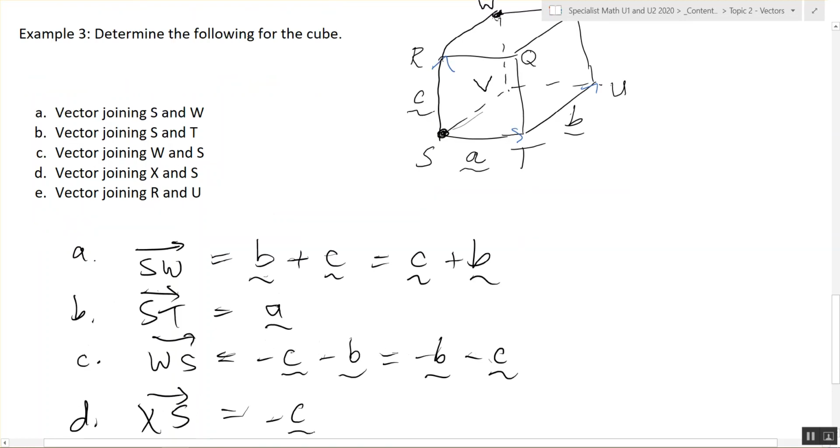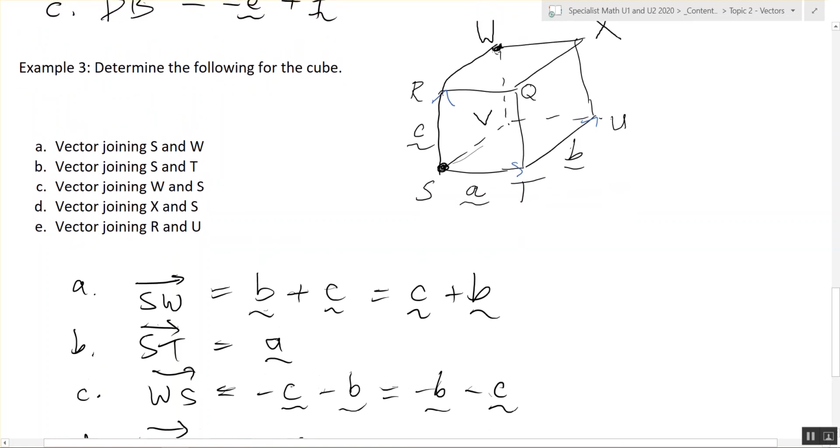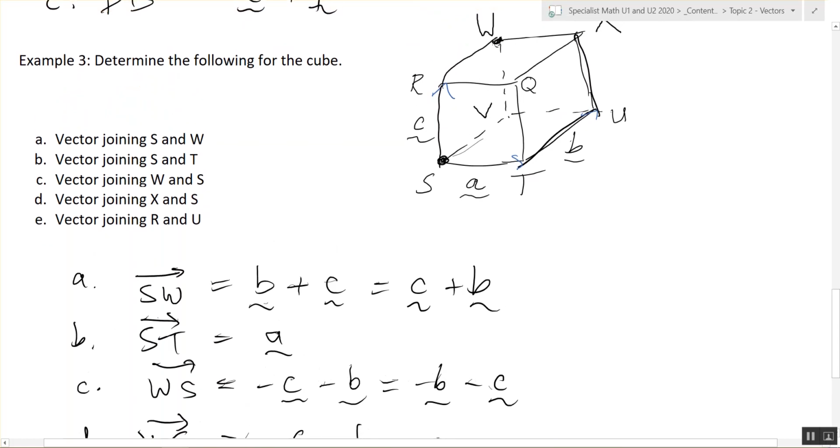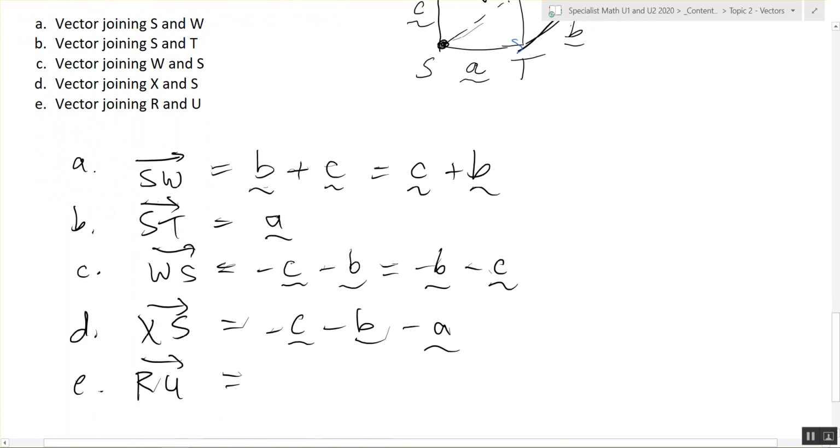Yep. And then negative b, and then negative a. If you had them in any other order, that's also correct. Yep. Negative c plus a plus b.